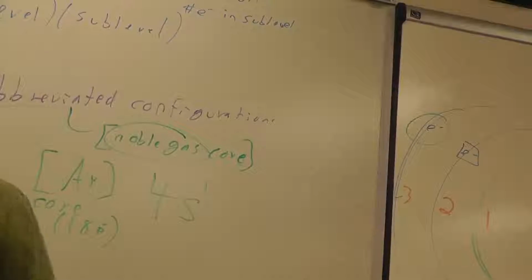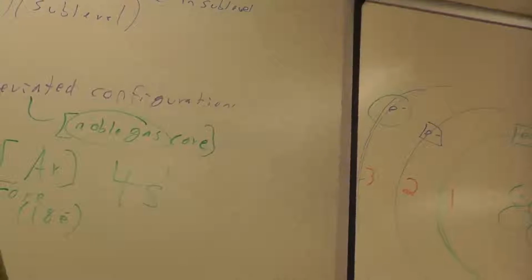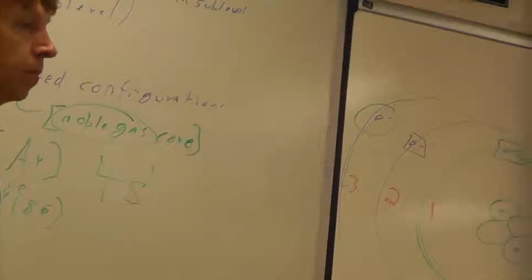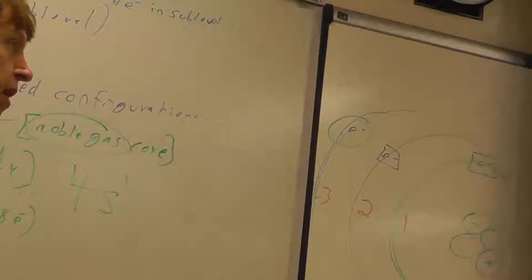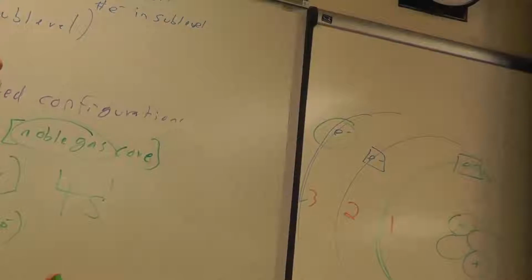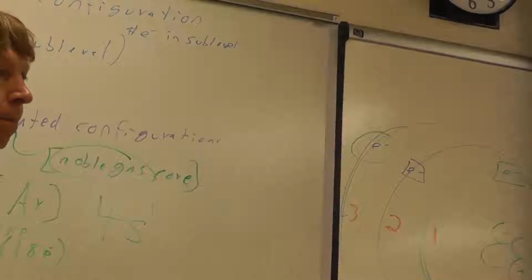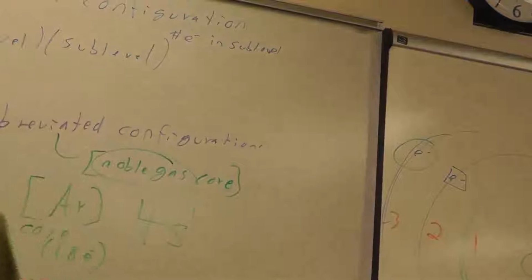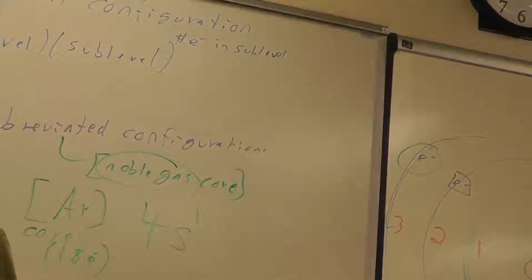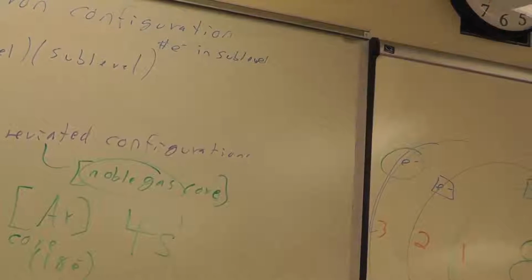Arsenic is element 33. Count backwards by atomic number until you come to a noble gas. Who's it going to be? Argon still. And that abbreviates 18 electrons.